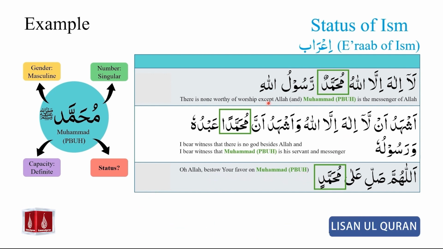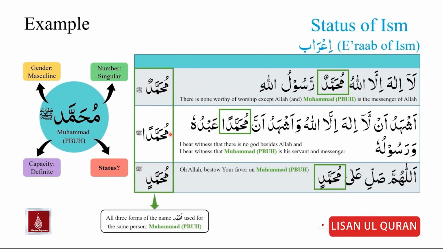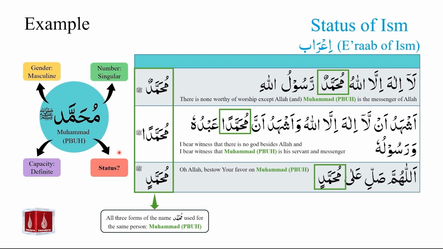So in all three cases, Muhammadun, Muhammadan, Muhammadin, we are referring to the same person, that is Prophet Muhammad, peace be upon him. If we take these three forms of Ism Muhammad, we can easily see that at the end of Ism Muhammad, there is no finishing touch, or there are no changes happening at the end of the Ism.